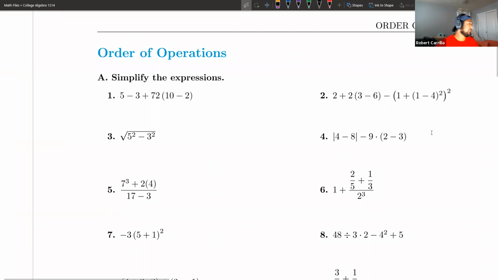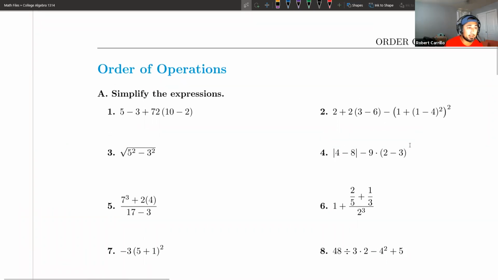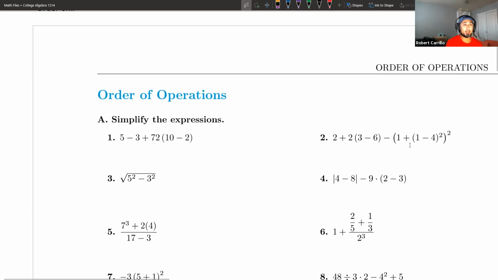Today is order of operations where we use PEMDAS, right? PEMDAS. So remember that PEMDAS was parentheses, exponent, multiplication, division, addition, subtraction. But also remember that we've been lied to our whole life, guys.